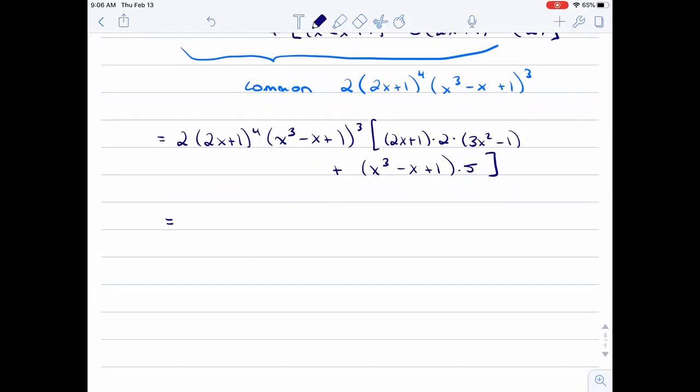There's not much else we can do. I'm just going to pull those coefficients out front and try to clean it up a little bit here, see what happens. And so this 2 times 2x plus 1 to the 4 times x to the 3 minus x plus 1 to the 3.